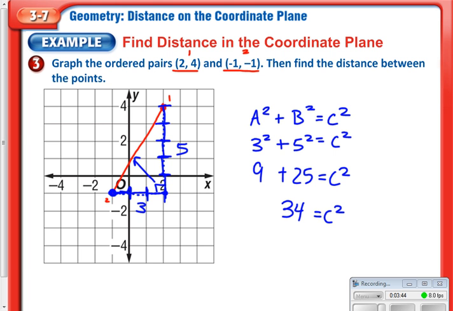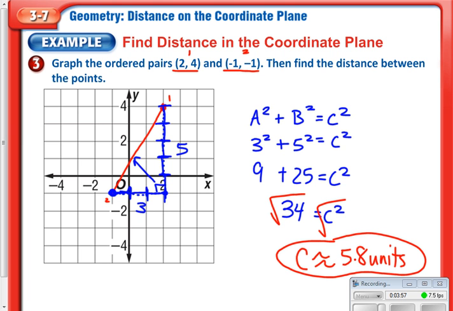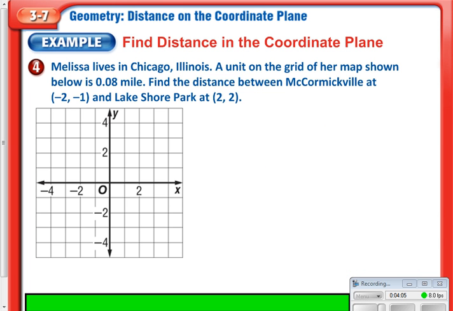In order to get rid of a square, remember we square root both sides, and we find out c is approximately 5.8, and this is a distance. Units. Since we don't know the units, we just put the term units down. We don't know if it's miles, feet, inches. So about 5.8 units.